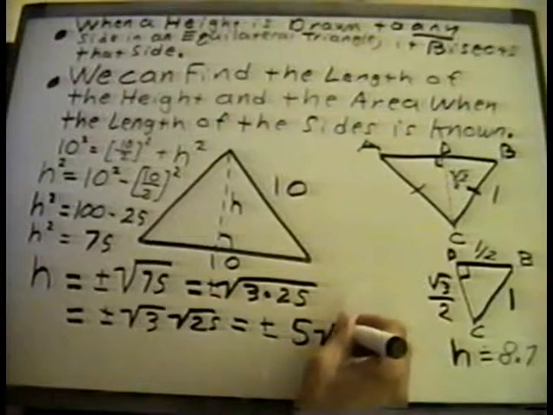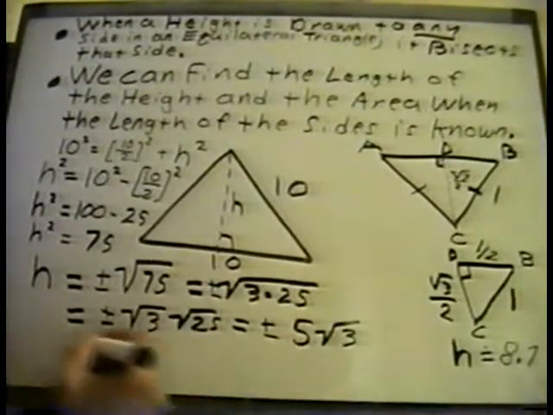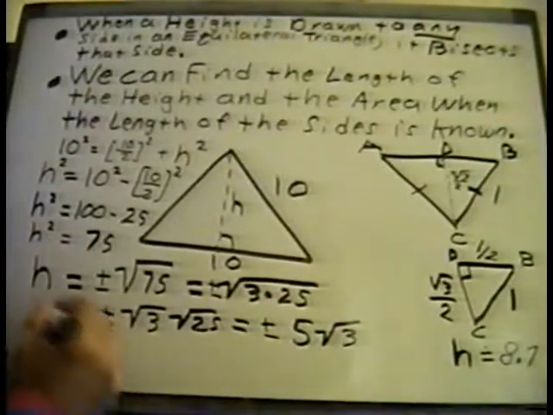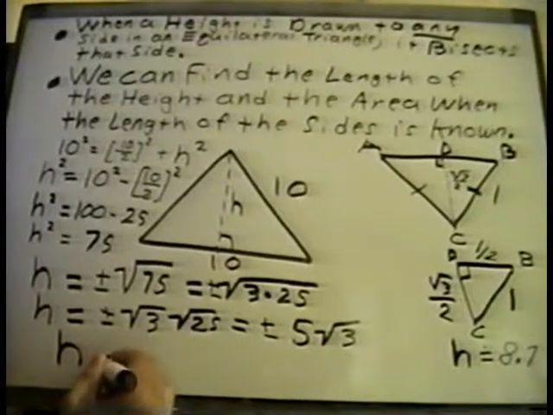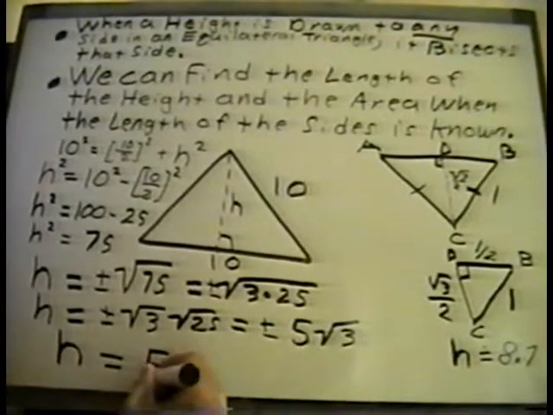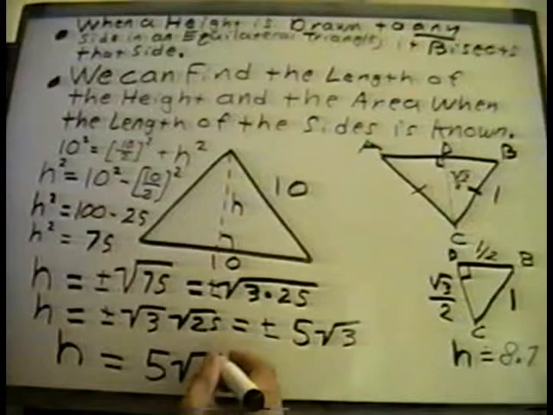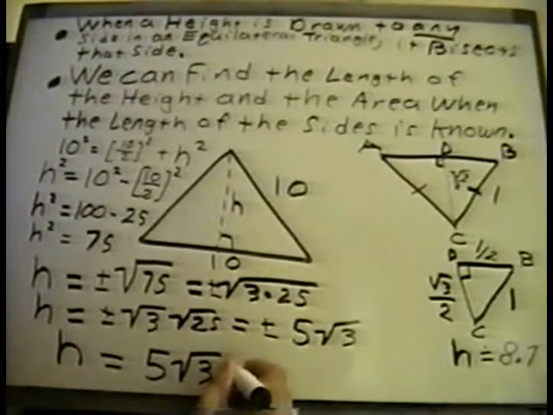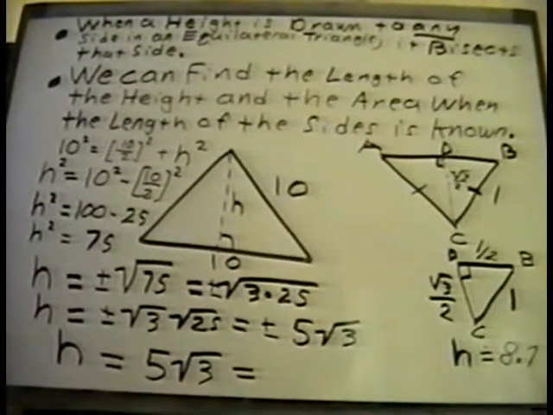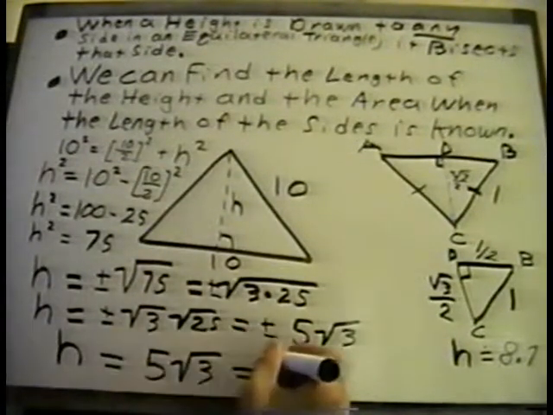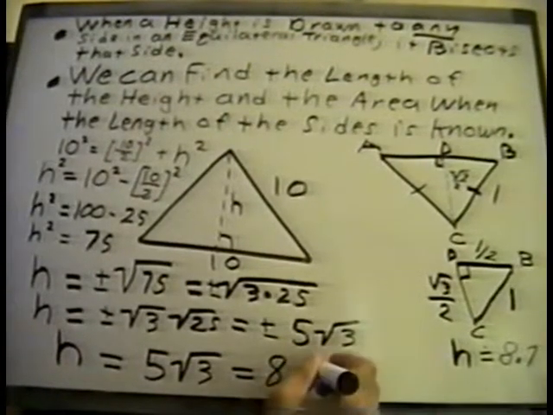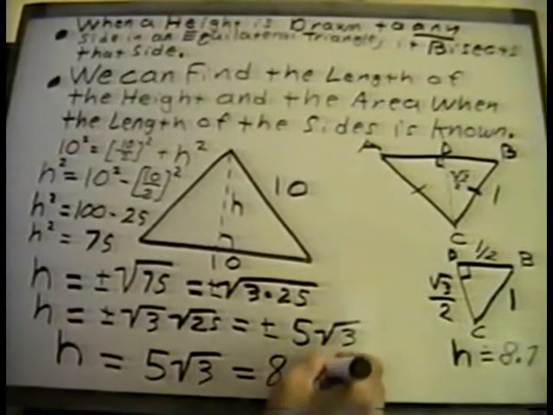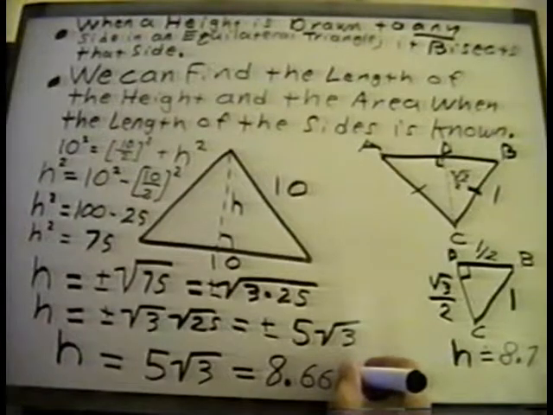Okay, 5 square roots of 3. Now, of course, the value cannot be negative. So we know our answer is 5 square roots of 3, which when we calculate comes out to 8.660.